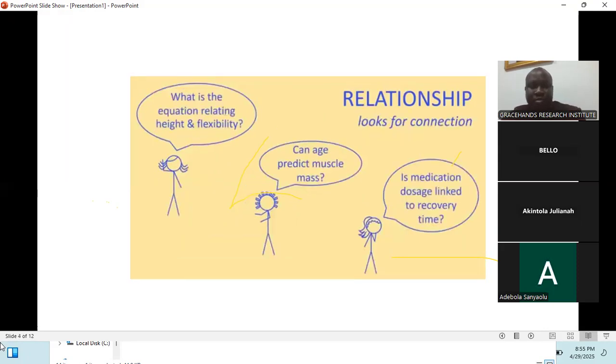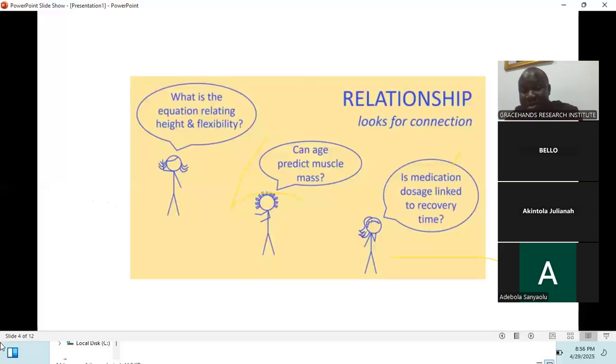Relationship. What is the equation relating height and flexibility? Can age predict muscle mass? Is medication dosage linked to recovery time? That's relationship. Is age affecting productivity of farmers?